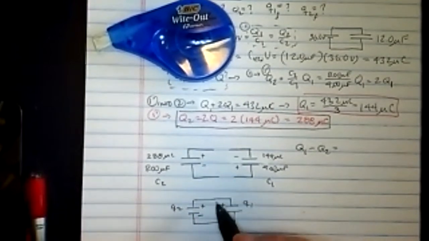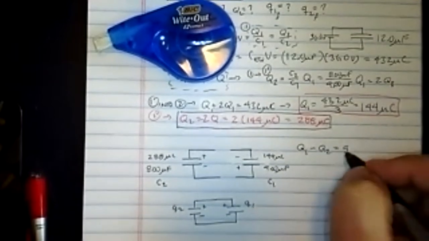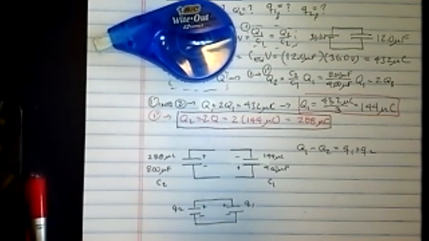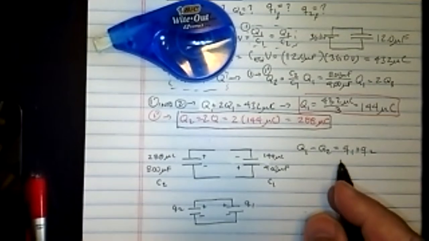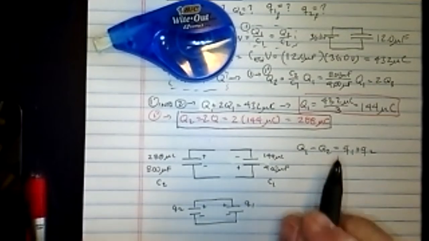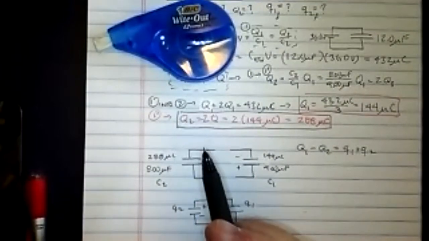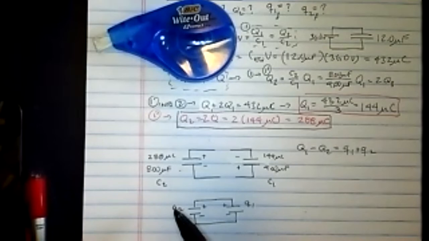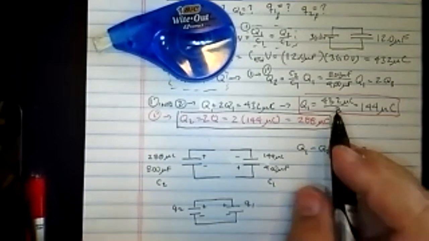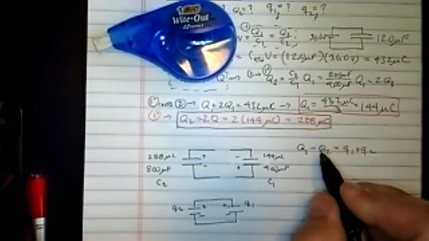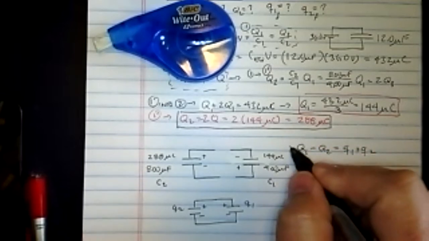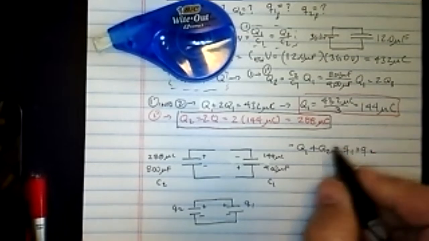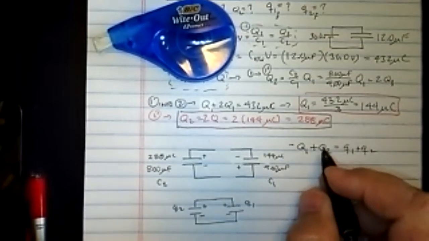So these sides are both going to be positive. So that means Q1 plus Q2 is going to be what's equal to Q1 minus Q2. Actually, I should have said that backwards. It would have been nicer if I had put minus Q1 plus Q2. We'll go with that, just so it doesn't come out negative. It'll make things more complicated.